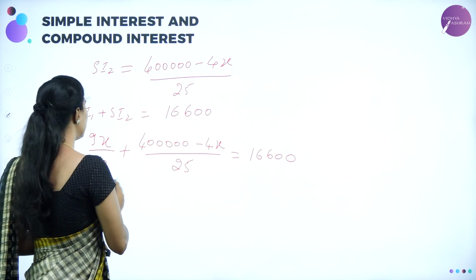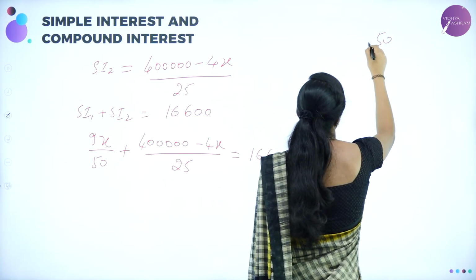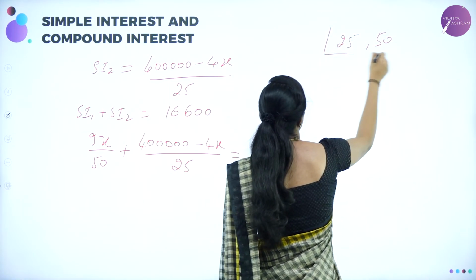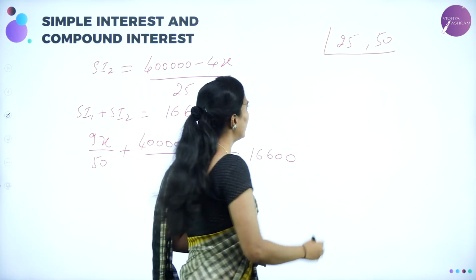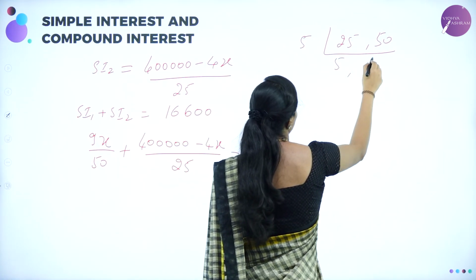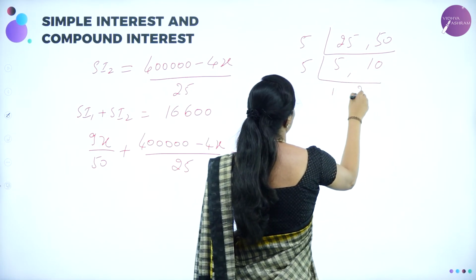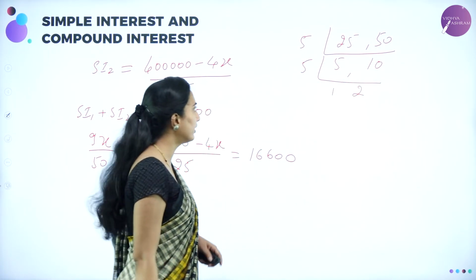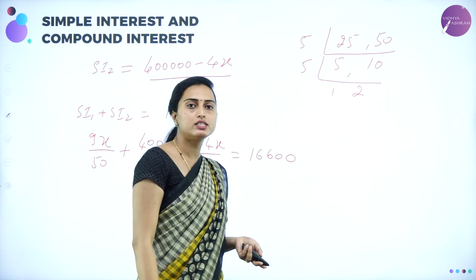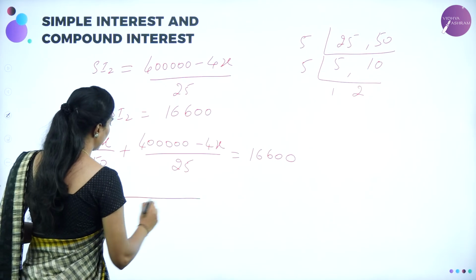Now you can take 25 and 50 and calculate the LCM. What is the LCM? 5 5s are 25, 25 2s are 50. So 50 will be the LCM for this.